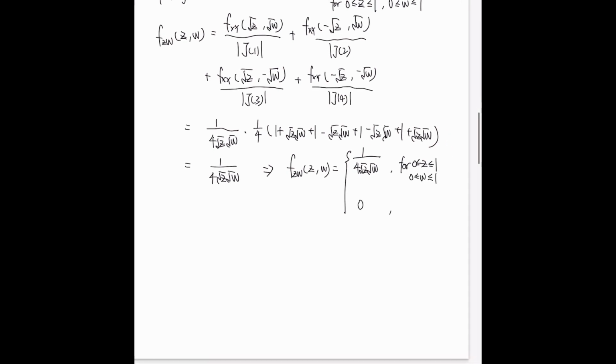So f_ZW of (z,w) equals 1 over 4 square root of z square root of w for z between 0 and 1, and w between 0 and 1, 0 otherwise.